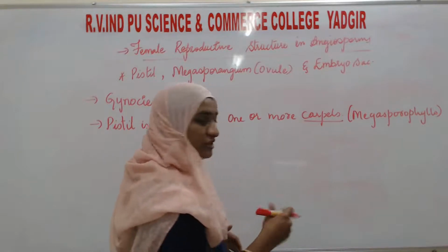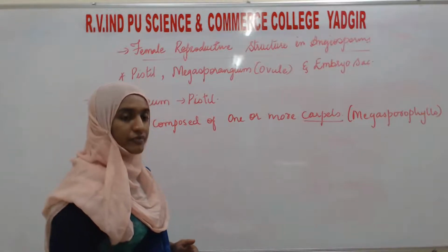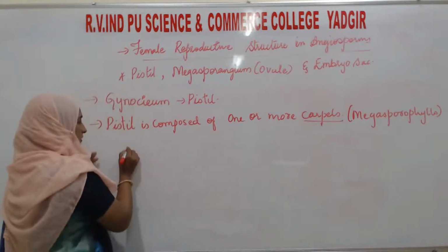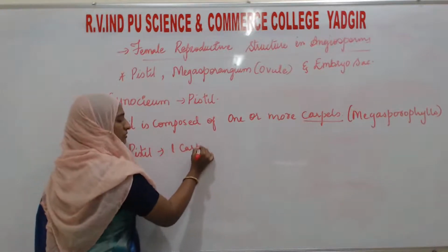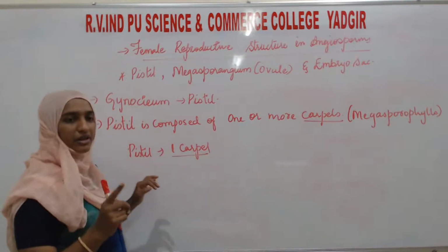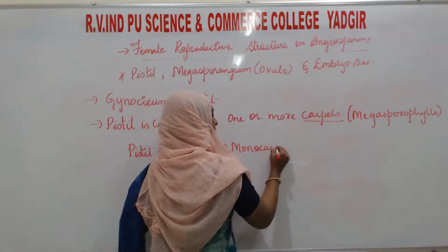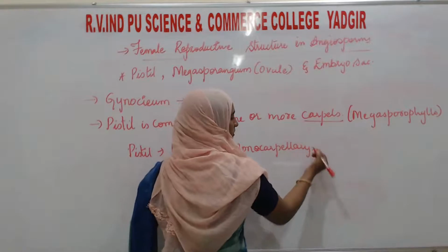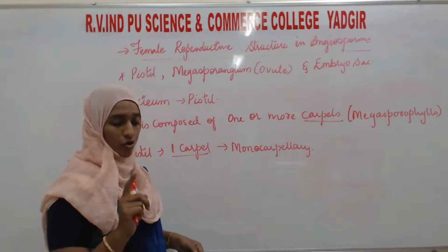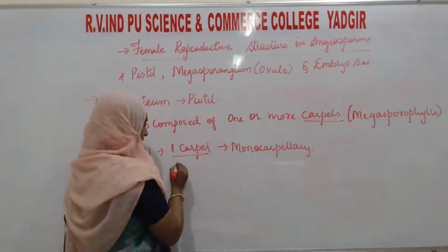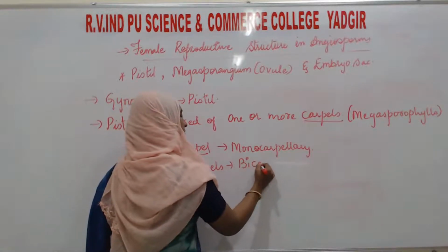A pistil in different species or different flowers may differ. In some pistils there is one carpel; if only one carpel is present, it is known as monocarpellary. If two carpels are there, it is bicarpellary.